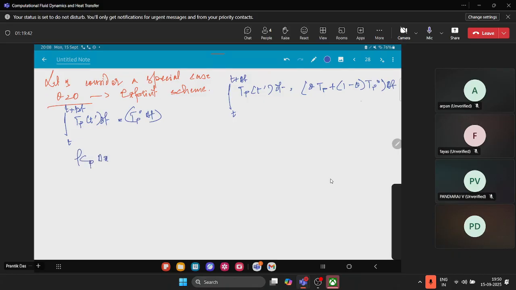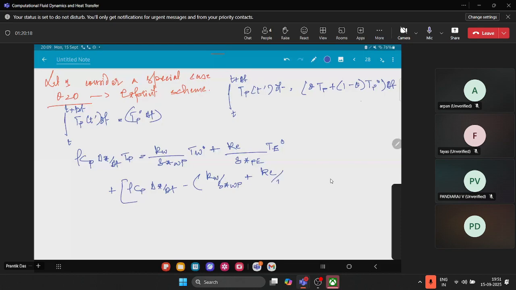Rho Cp delta x by delta t TP is equal to KW by delta x WP TW naught plus KE by delta x PE TE naught plus (rho Cp delta x by delta t minus KW by delta x WP plus KE by delta x PE minus SP) TP naught.